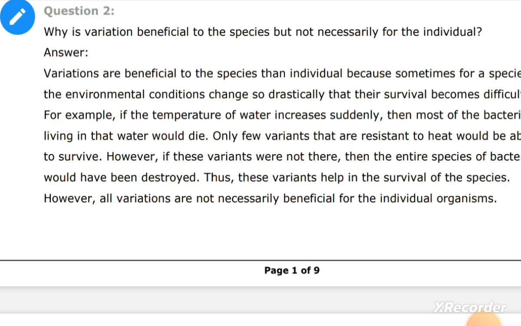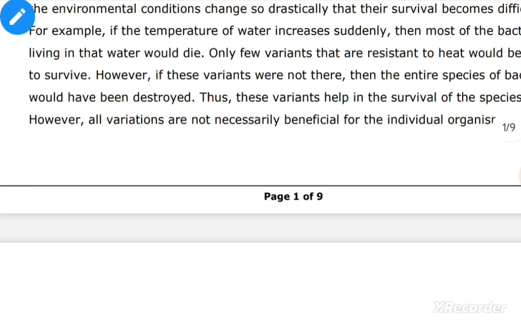However, if these variants were not there, then the entire species of bacteria would have been destroyed. Thus, these variants help in the survival of the species. However, all variations are not necessarily beneficial for the individual organism.